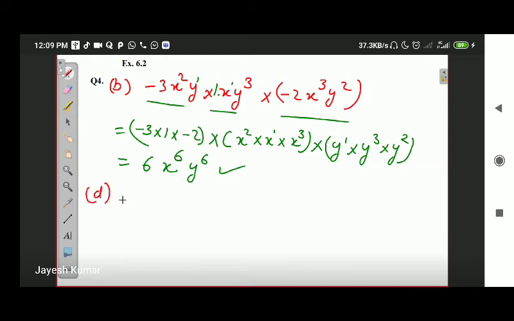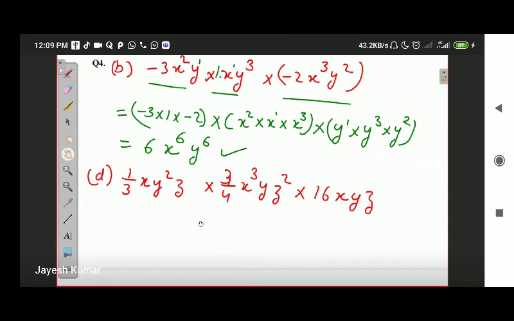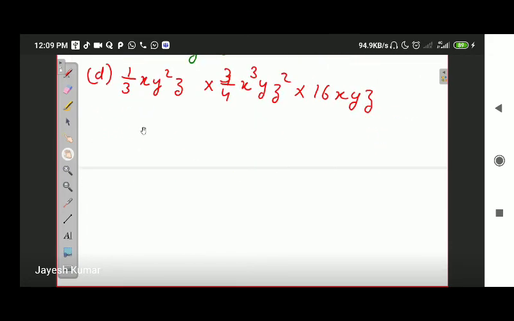D part is 1 upon 3 x y square z into 3 upon 4 x cube y z square into 16 x y z. Okay, let's start.